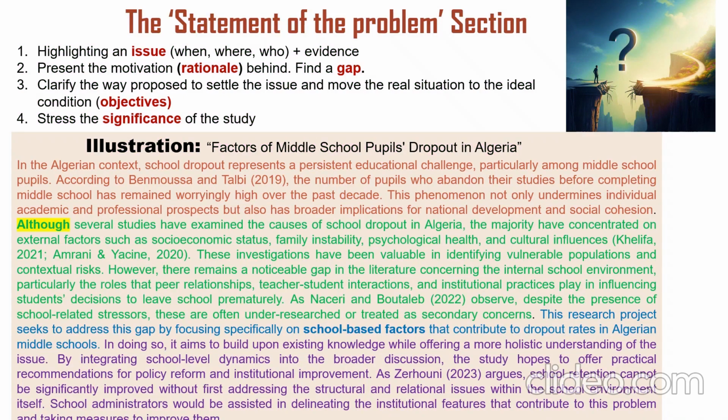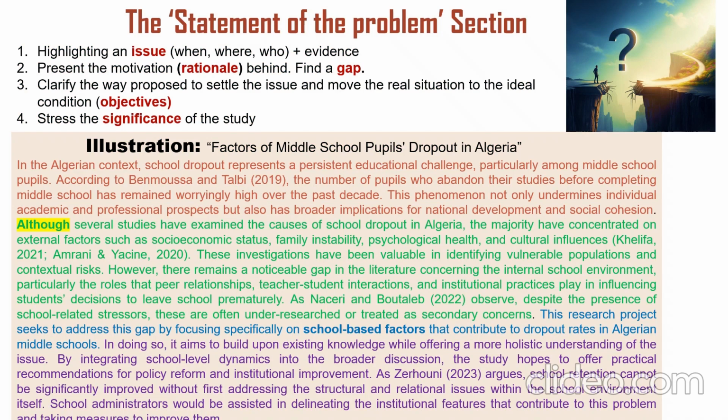However, there remains a noticeable gap in the literature concerning the internal school environment, particularly the roles that peer relationships, teacher-student interactions, and institutional practices play in influencing students' decisions to leave school prematurely. As Masri and Boutaleb, 2022, observe, despite the presence of school-related stressors, these are often under-researched or treated as secondary concerns. This can be considered a rationale with a gap.